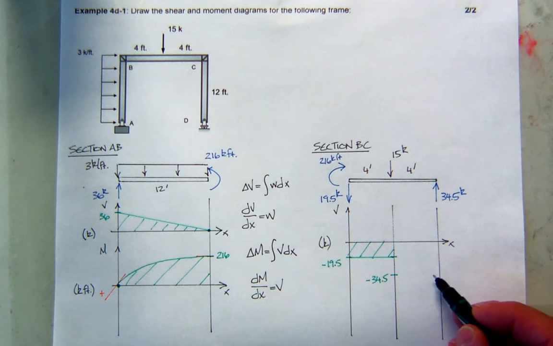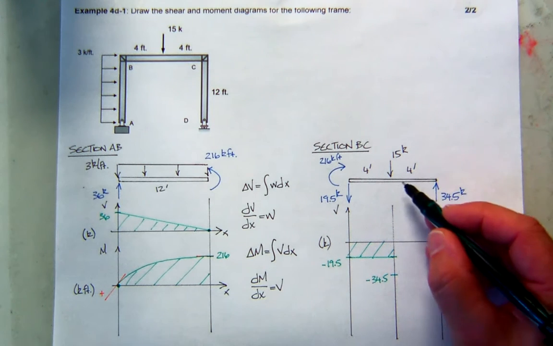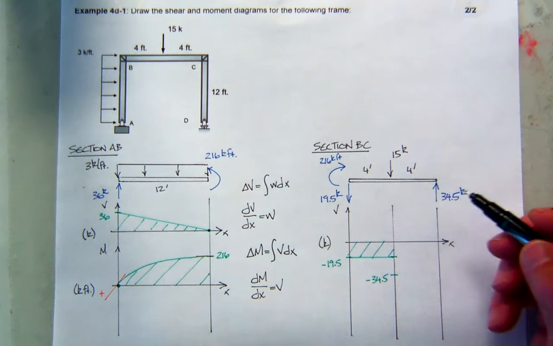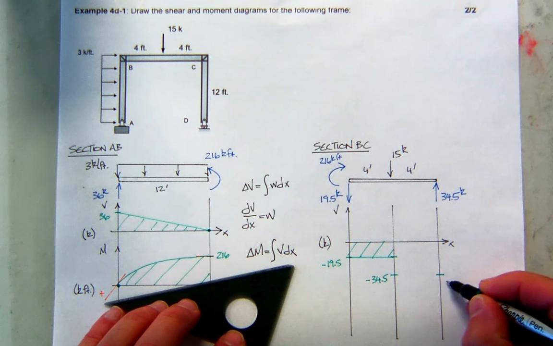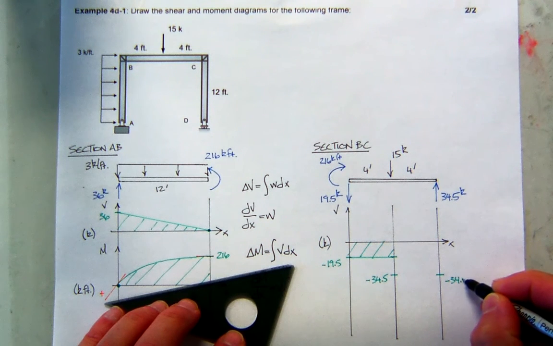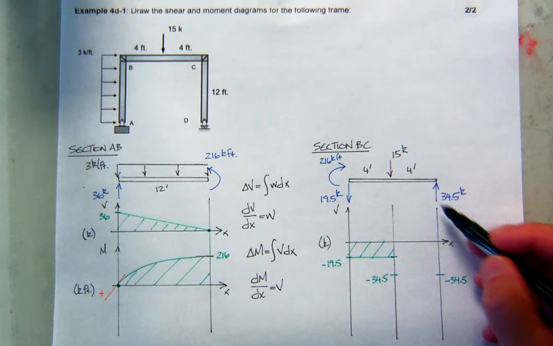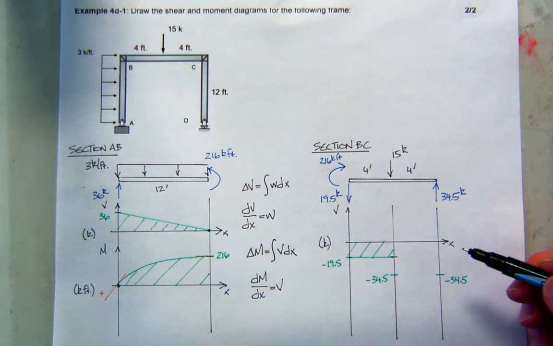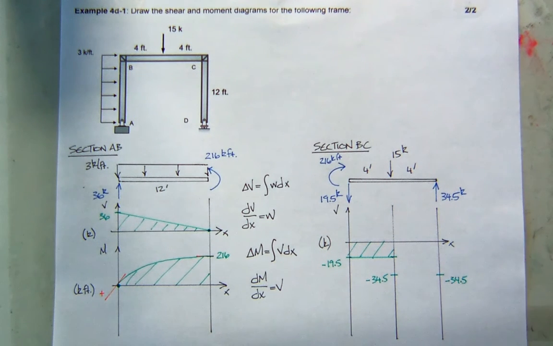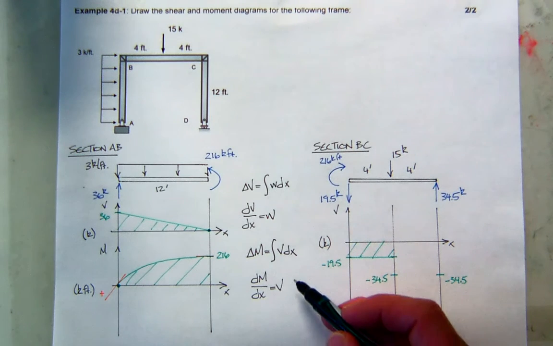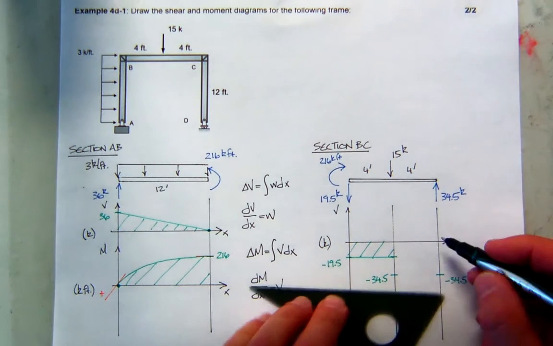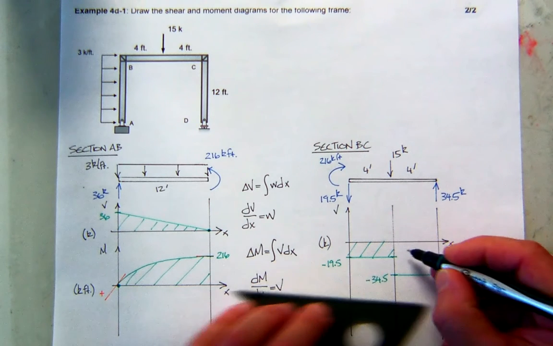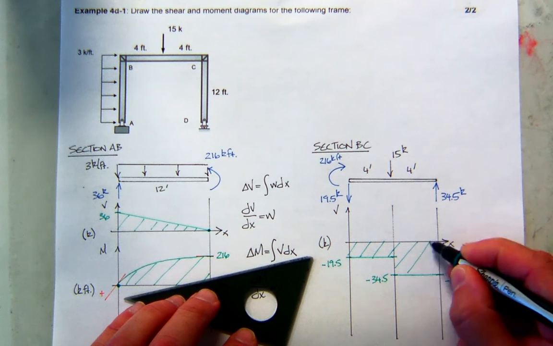The change in shear between these 2 points is the area of the load curve here, which is 0, and I hit negative 34.5. I should have written that in at the beginning. What kind of shear is that on the right-hand side? That's negative shear, so it matches. And the slope of your shear diagram is the load. The load is 0, so I have 0 slope, and you get this kind of stair-step shear diagram.